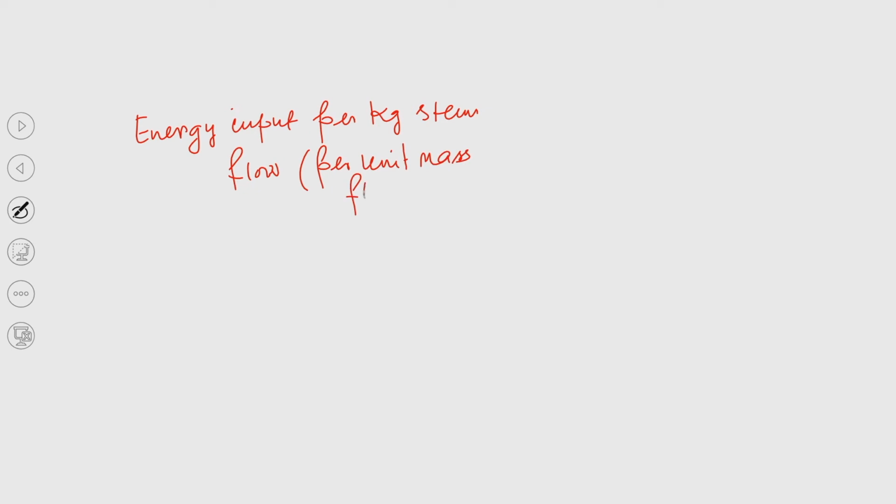So, energy input per kg of steam flow, or rather per unit mass flow of steam, that is nothing but, you have seen, C1 square by 2, because that is per unit mass of steam.